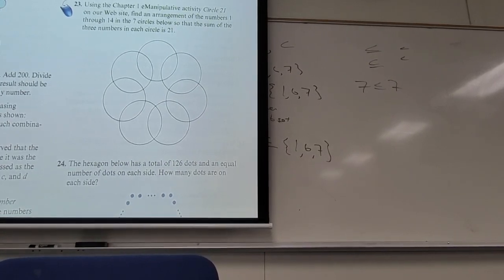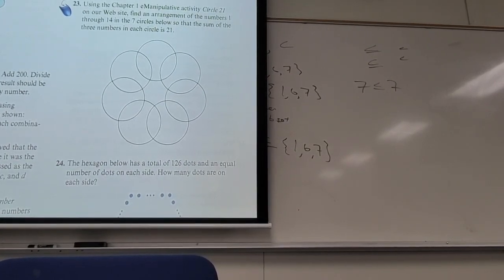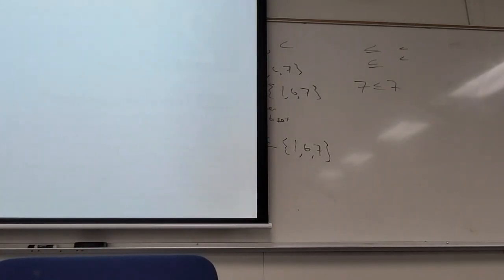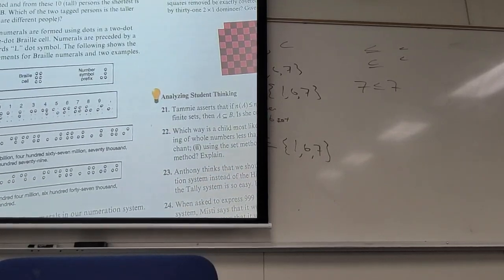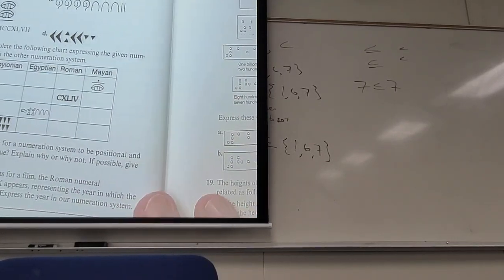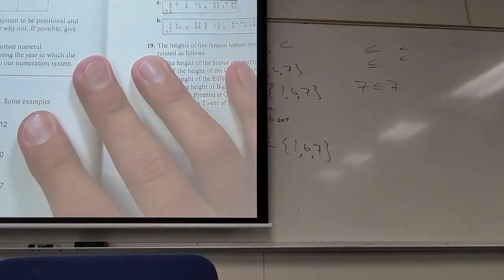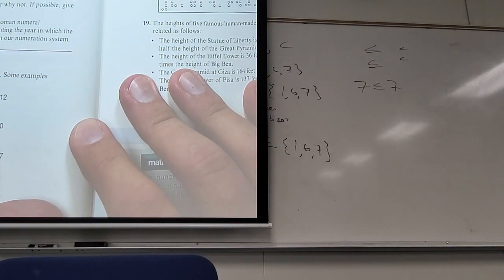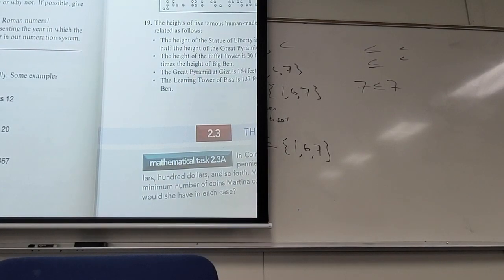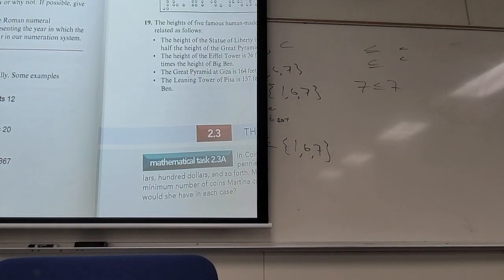For section 2.3, number 4. 2.3, what number, sir? 14. 14. Oh, okay. The one about the film? Right, the Roman numeral MCM, this one?